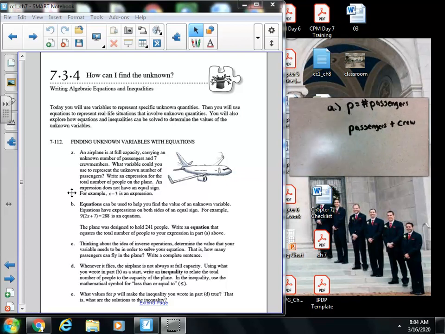Okay? And we already said from the beginning of letter A that we're going to use P to represent passengers. And the question tells us that there are 7 crew members. So an expression that represents the number of people on this plane would be P plus 7, the number of passengers plus our 7 crew members.